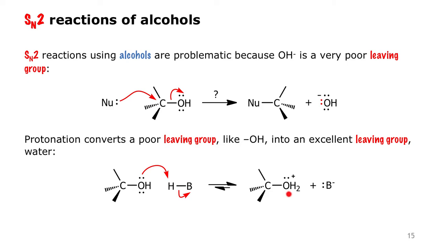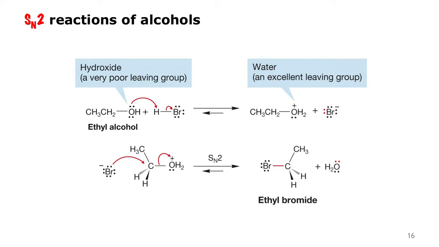That's a much better leaving group. So if a nucleophile could encounter this, we would easily break that carbon-oxygen bond. If we don't protonate, we're not going to break that bond because of the unstable hydroxide ion that we form.